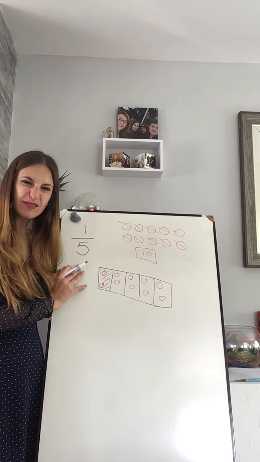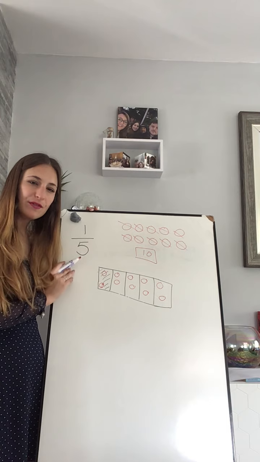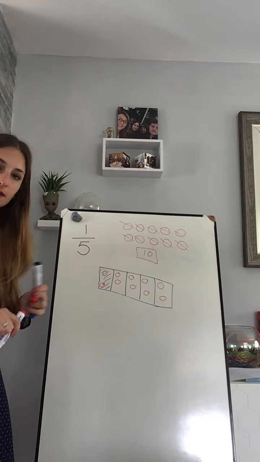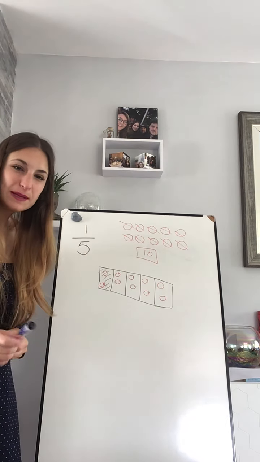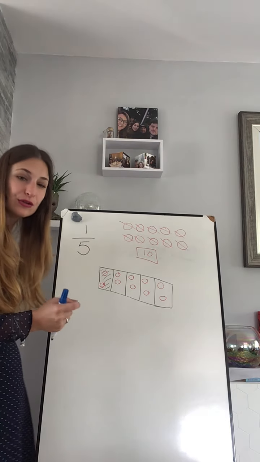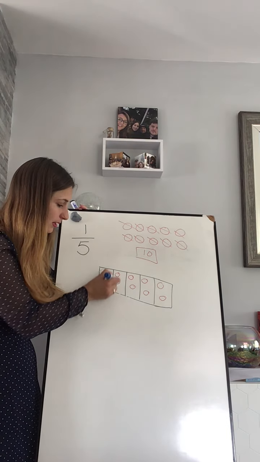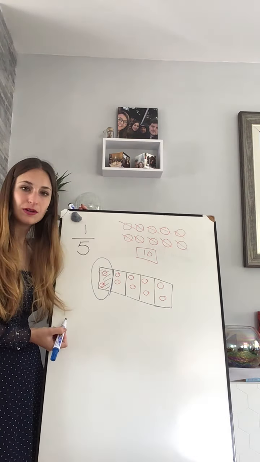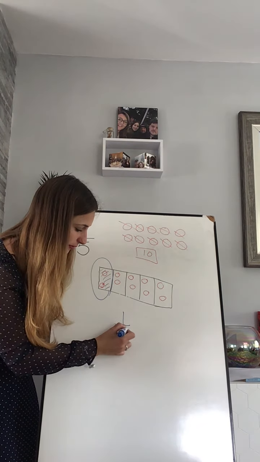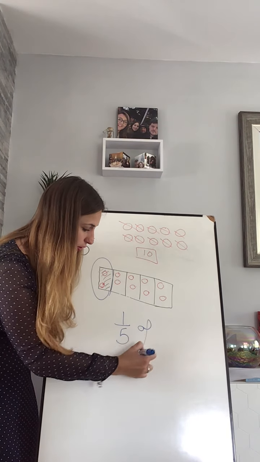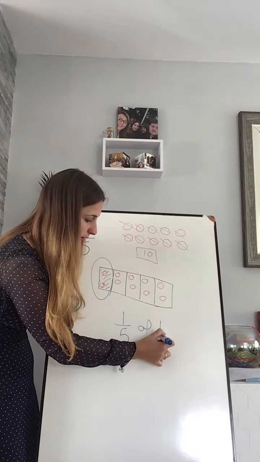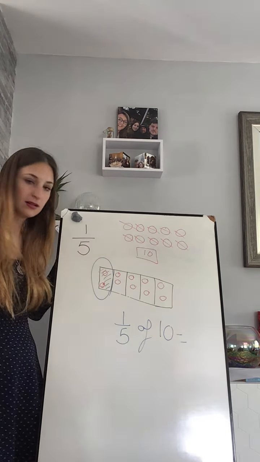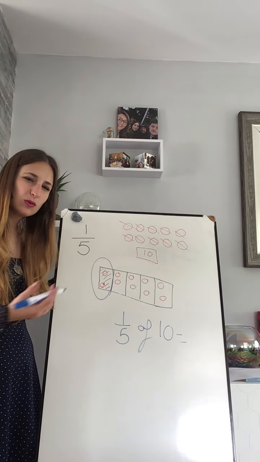If I am saying 1/5, I am thinking how many bits I'm taking of that fraction. I'm taking only 1 part of the fraction. So if I have 1/5 of 10 coins, what do I get?